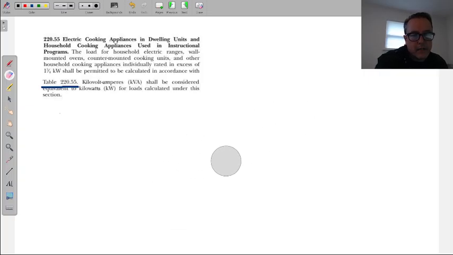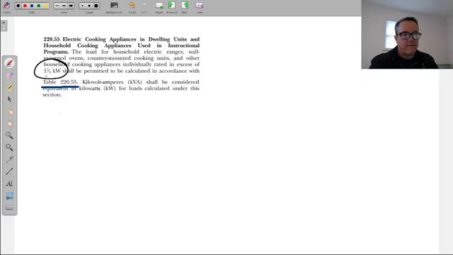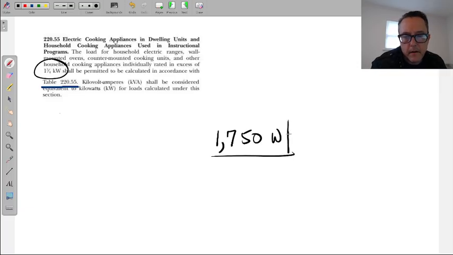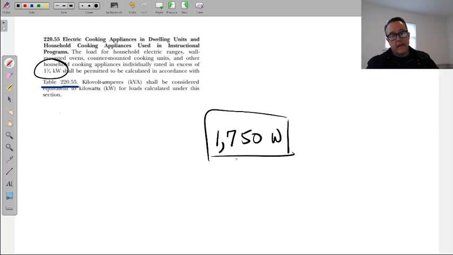And other household cooking appliances individually rated in excess of, and here is where it starts to separate our air fryer, 1,750 watts. It is very unlikely that anyone even has a microwave that is 1,750 watts.